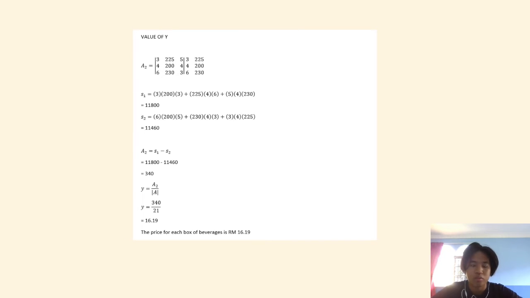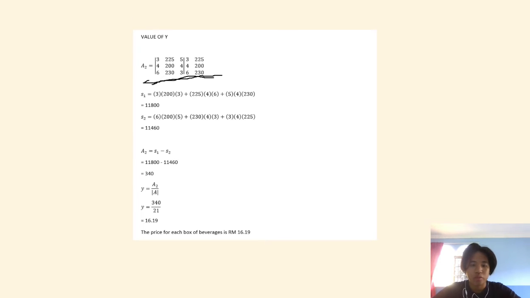Next is the value of y. How we find the value of y is the same as how we find the value of x. So first we write A2 equal to this matrix, and from this we find S1 and S2, and we get S1 is 11,800 and S2 is 11,460, and we subtract these two, S1 minus S2, and we get the determinant of A2 is 340.